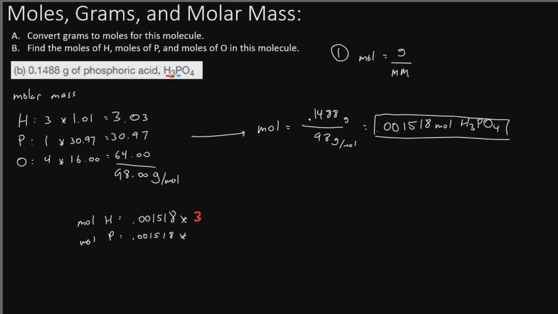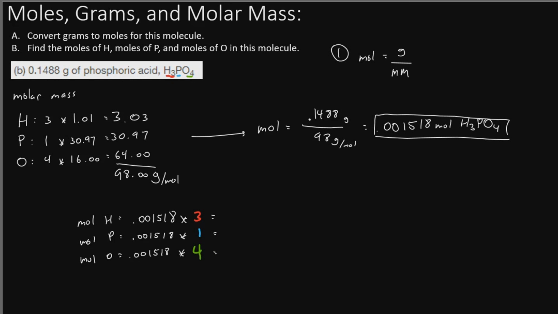Since phosphorus has no number, we use 1. Then, for our moles of oxygen, we'll take the same number, 0.001518, and multiply it by the number next to oxygen. That's 4. And then we'll go to a calculator to multiply these numbers together.